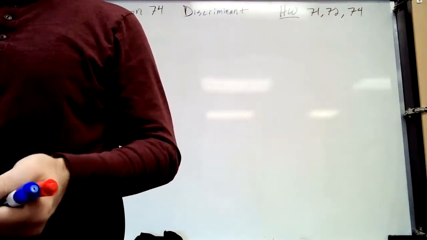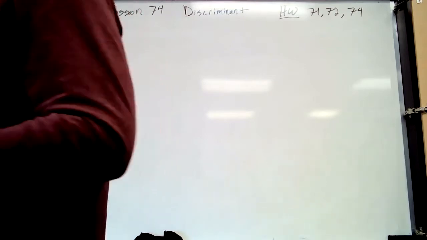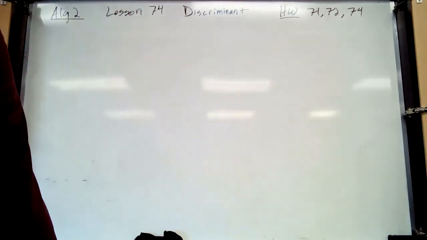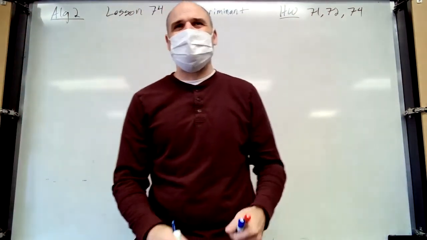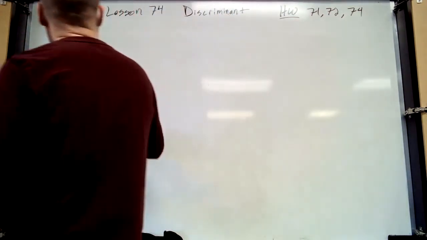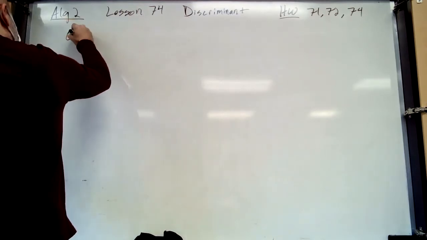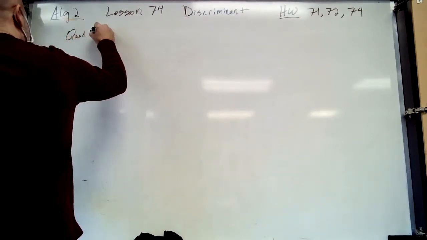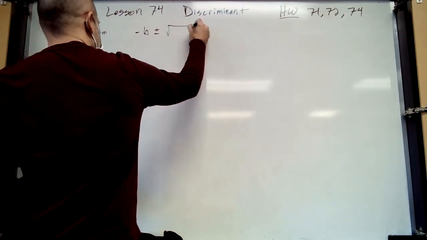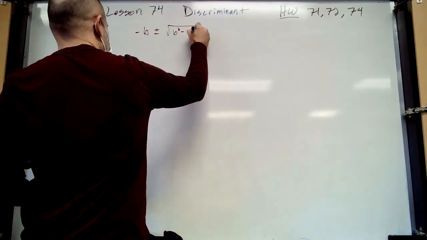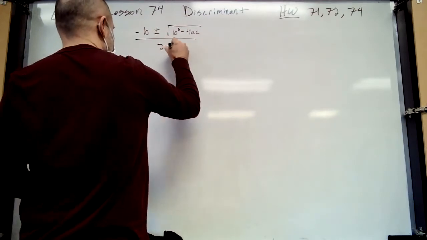I'm just gonna jump in. Here we go. Okay, so the discriminant basically tells you what kind of solutions you're going to have. So if I look at the quad formula, quad formula is negative b plus or minus the square root of b squared minus 4ac all over 2a.